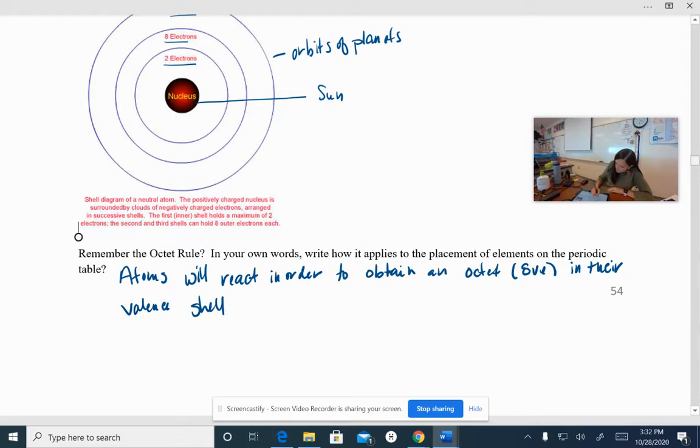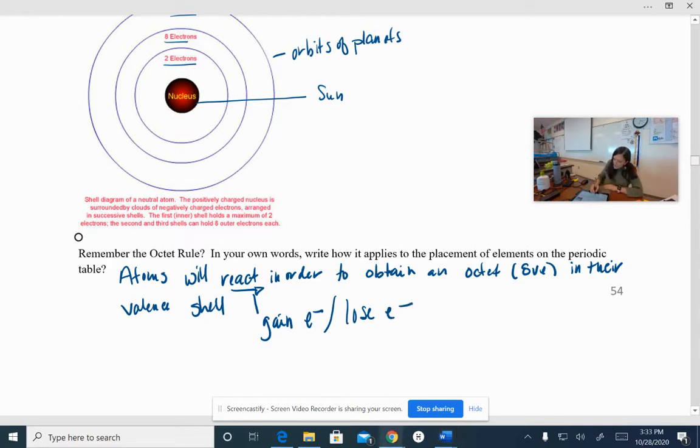Okay? And by react, I mean some will gain electrons to get that octet. Some will actually lose electrons to get that outer valence layer off so that they go to an inner layer that is 8 electrons. Okay? So when we react, we will either gain electrons or lose electrons.